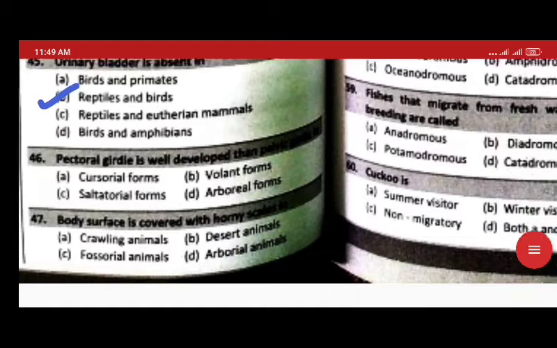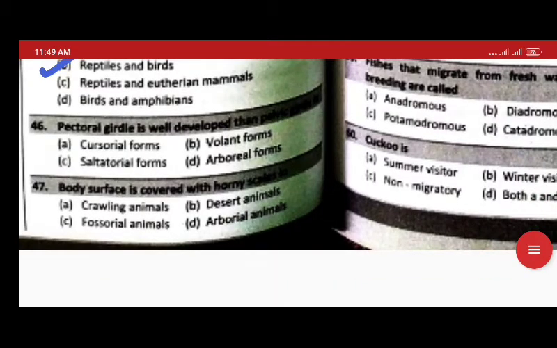Bird and reptile. Now pectoral girdle is well developed. So pectoral girdle means forward muscles are well developed for running type. No, pectoral girdle is given, not pelvic. Pectoral girdle is for climbing.